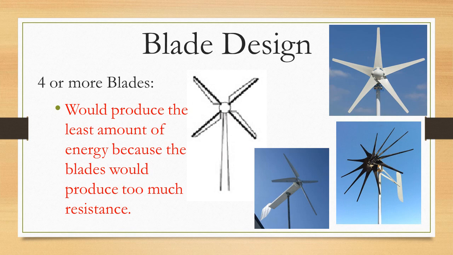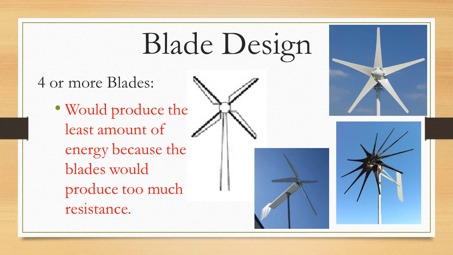Now, we could design a turbine with 4 or more blades. These would produce the least amount of energy because the blades would produce too much resistance. So, what do I mean by that?